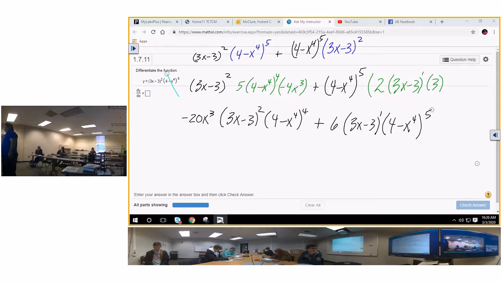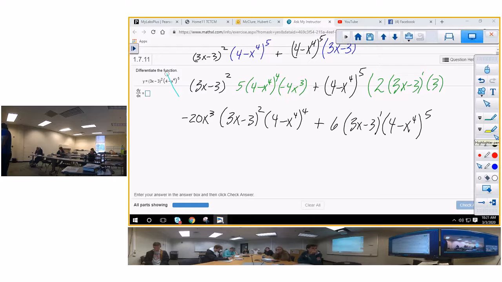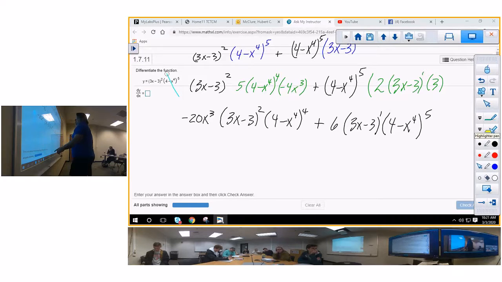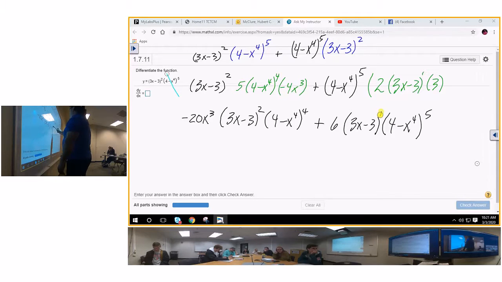Now they might want you to factor out something here. So I'm going to factor out the lowest exponent on each. The lowest exponent on the 3x minus 3, that'll be that one, and the lowest on the other is that one. And you could also factor out a 2.